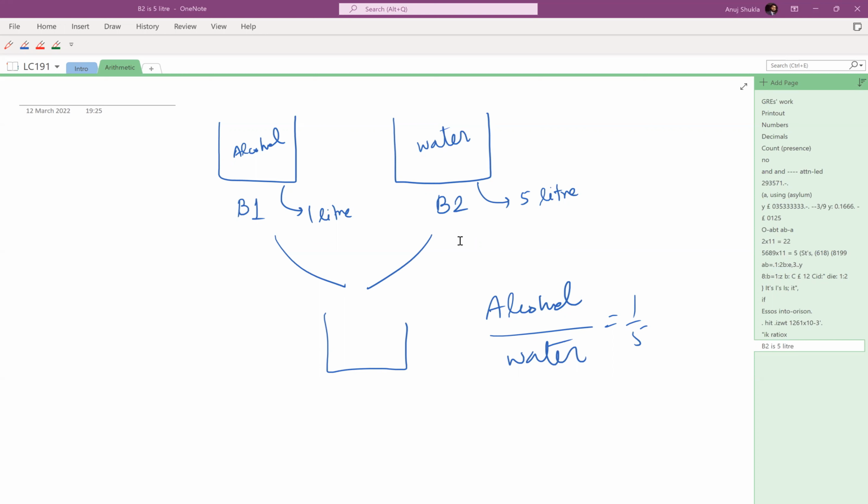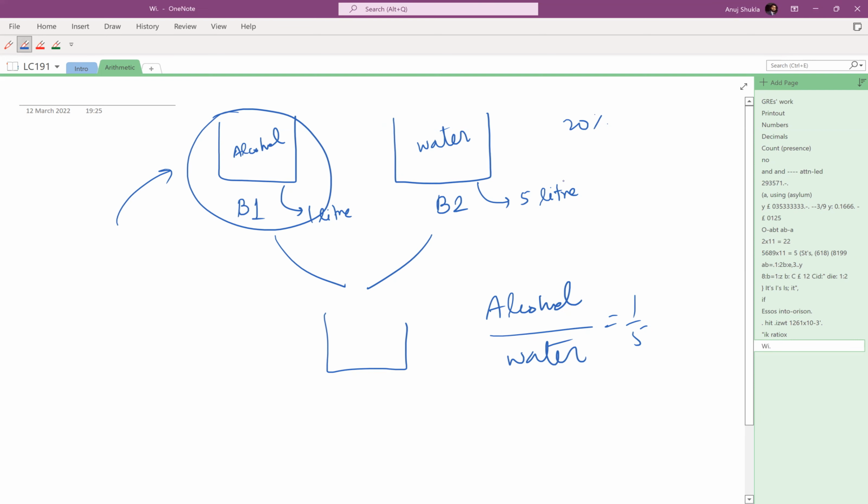Did I tell you that bottle 1 or bottle 2 is fully filled with alcohol or water? No, sir. Did I specify that in the 1 liter bottle, how much is the alcohol? I just told you the volume of the bottle. I did not say that it is fully filled with alcohol or with water. Then how can you say that it is 1:5? It might be that this is fully filled and this is only 20% filled.